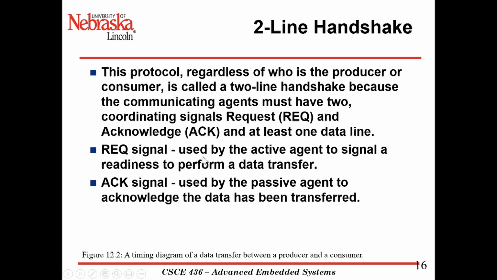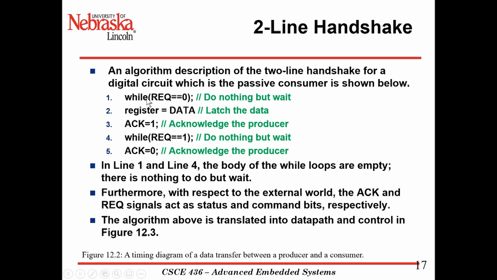So we use the request signal by the active agent to signal the readiness to perform some sort of data transfer. The acknowledge signal is used by the passive agent to acknowledge the data has been transferred. So request and acknowledge.